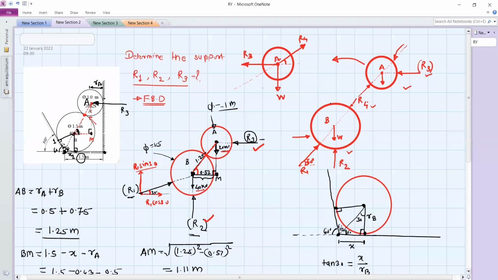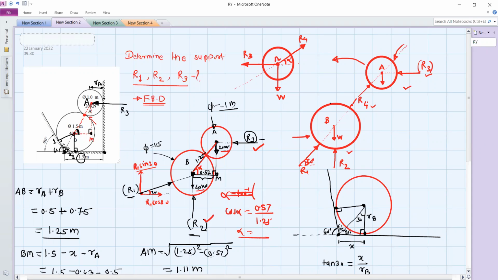So let us assume this angle to be alpha. So this is alpha. So alpha you can find out. Just use cos. Okay. So you will get cos alpha equal to adjacent, which is 0.57, and the hypotenuse is 1.25. So by using cos inverse, you will get the angle alpha.